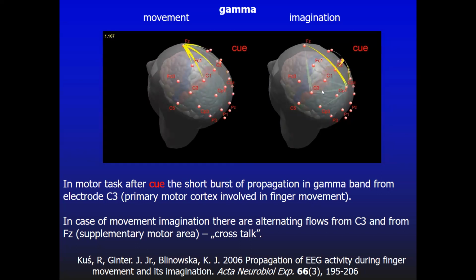In this case, it is all later, and we have not only propagation from C3, but some kind of crosstalk between C3 and the electrodes placed above the sensory motor cortex, not only the primary motor cortex in the index finger cortex, but also above the other sensory motor structures, because it is a more demanding task.